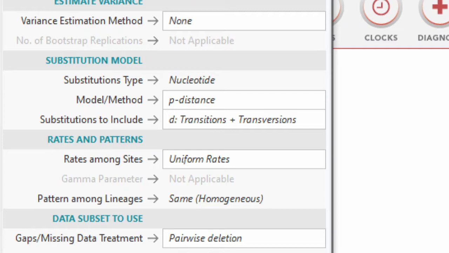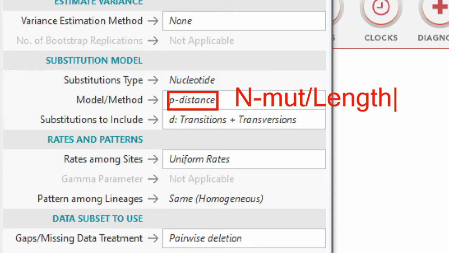So p-distance is equal to the number of mutations in the sequence in comparison to the other sequence, the reference sequence, divided by the length of this sequence.